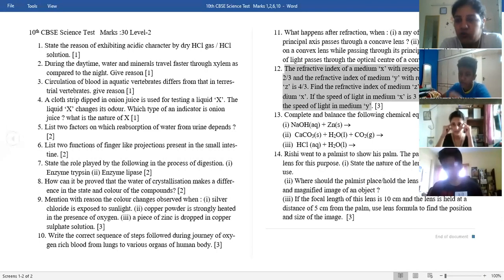Then again, when we heat those copper sulfate crystals, we can see water vapors coming out of it. After the water vapors move out, the color changes to white, and the physical state changes from crystal to powder.